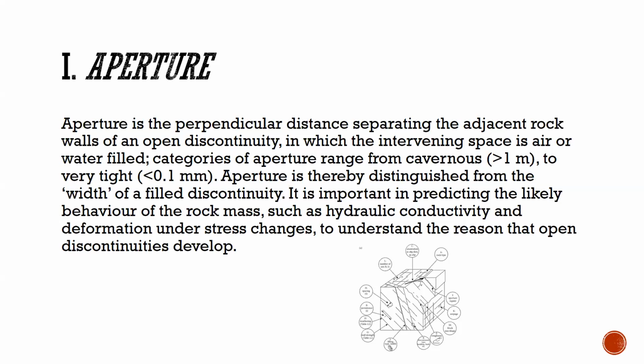So aperture is more important in this case because the hydraulic conductivity of the rock is much less than the hydraulic conductivity of the rock mass. Because the rock mass has the aperture, the water gets a less resistant path and will come out of that path. So overall hydraulic conductivity or seepage will be more along this aperture. That is why characterizing this aperture is very important.